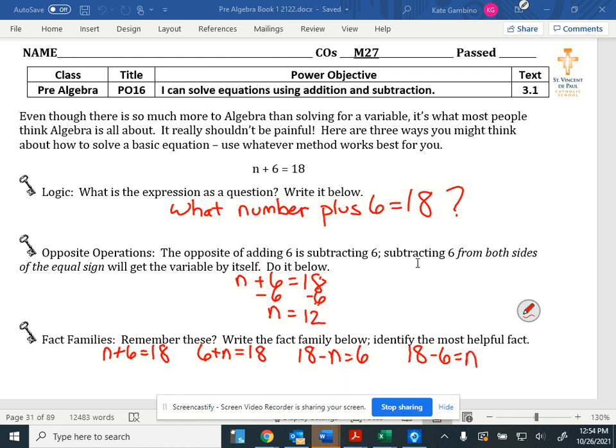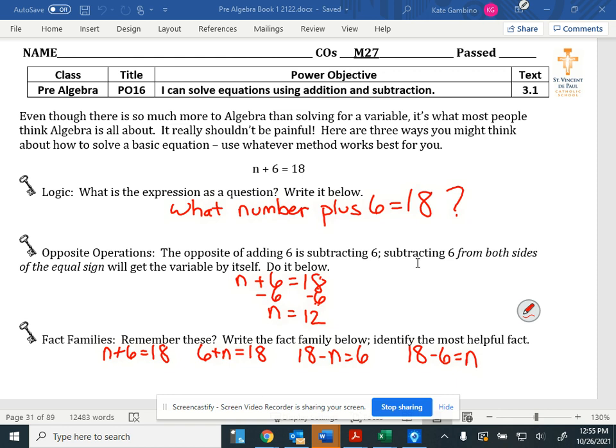So it's the same idea with those fact families. 1 plus 2 equals 3, 2 plus 1 equals 3, 3 minus 1 equals 2, 3 minus 2 equals 1. So we're doing it now with that equation. Different ways you could write the equation. So it's just figuring out your different fact families.